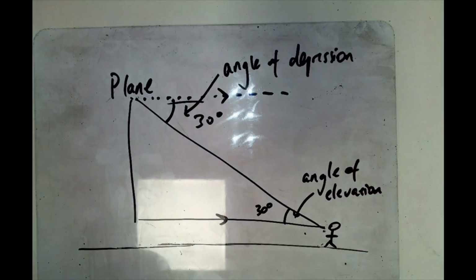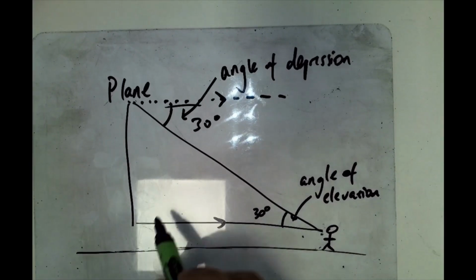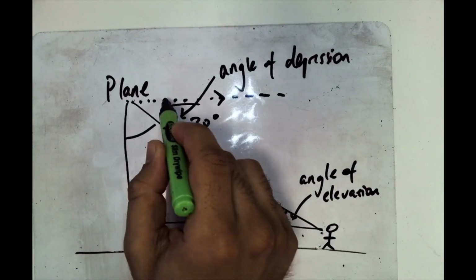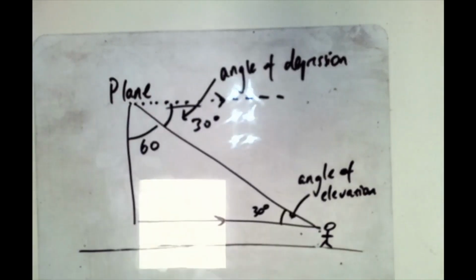Okay, now a further thing just to add to this is you can, from this information, work out a lot of other things. So if I know that this is 30 and this is 30, I can work out this angle here because this forms a right angle, so this would have to be 60.